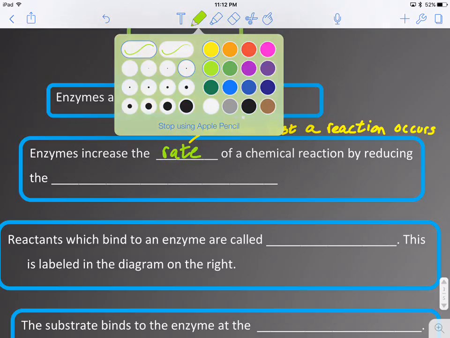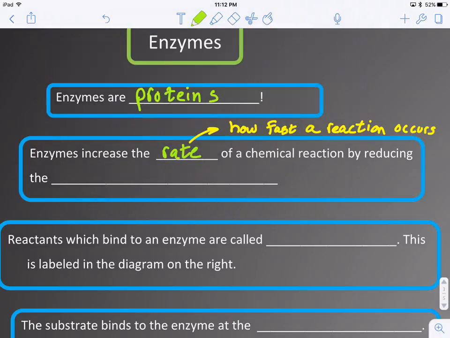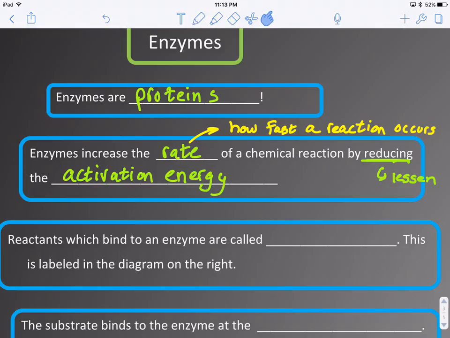Okay, and the way that enzymes are actually able to increase this rate is that they reduce, you guys know this means to lessen, right? They reduce the necessary activation energy. Okay, so because the activation energy is lower in a chemical reaction with an enzyme, they actually occur faster. Okay, because our body doesn't need to get molecules that provide energy over that fast and break so many bonds.